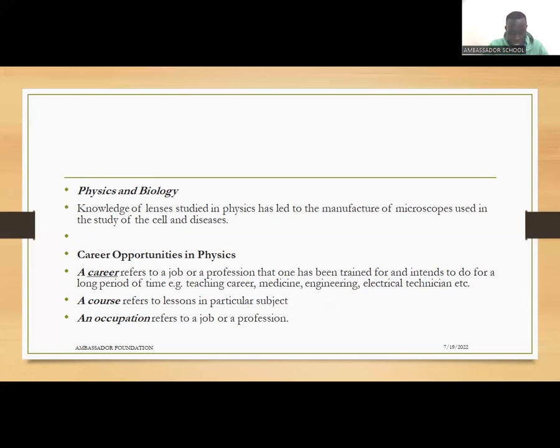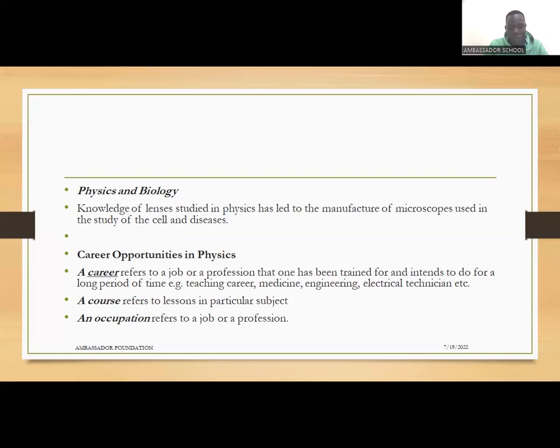For example, my teaching career, medicine, engineering, electrical technician. I've done education to teach physics, not for 1 year or 2 years, but for a very long period of time. Even if I will not teach forever, I know it will take place for a long period of time.